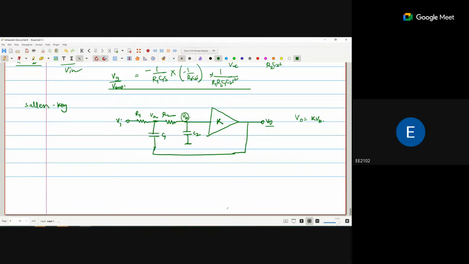Okay, sir. Now can you apply the KCL on VA point and VB point? The current is coming here, it will be going in this direction. So VI minus VA by R1 is equal to VA minus V naught divided by 1 by C1S, plus VA minus VB divided by R2.